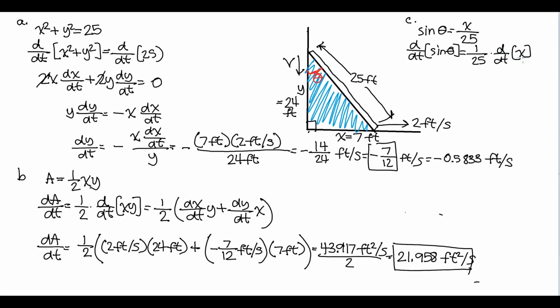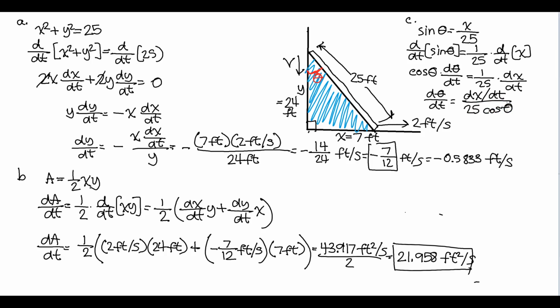The derivative of sine is cosine, so we get cosine of theta times d theta/dt equals 1 over 25 times dx/dt. And d theta/dt is equal to dx/dt over 25 cosine of theta.